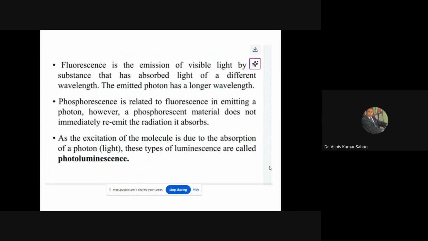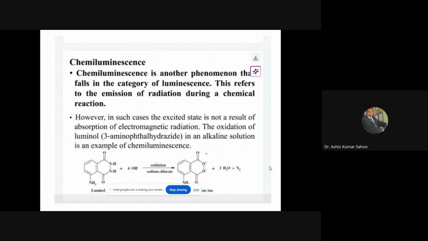Fluorescence is the emission of visible light by a substance that has absorbed light of a different wavelength. That is photoluminescence. So what is chemiluminescence?